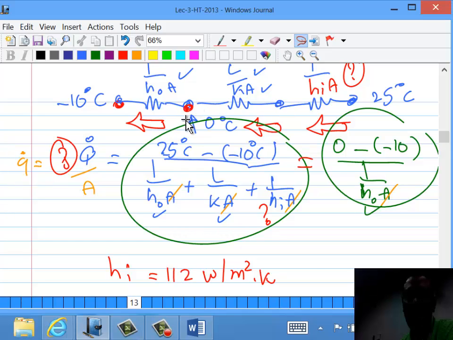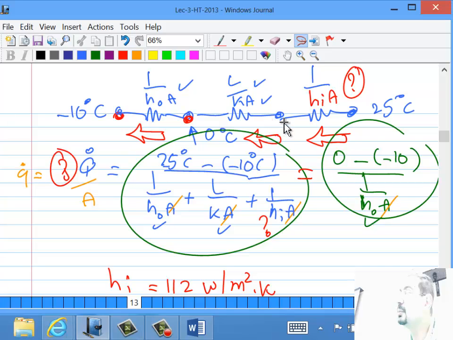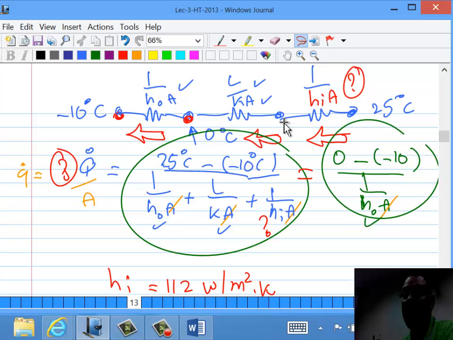So what is the temperature over here? How can we calculate that? Well, if we have the Q's all the same, we just plug in the numbers for L over kA, and then 0 will be our T. Correct. So Brandon is saying, well, if you want that temperature, you already solved for the Q. That Q that you solved for from this side or from the whole thing, that Q is also the same over here.